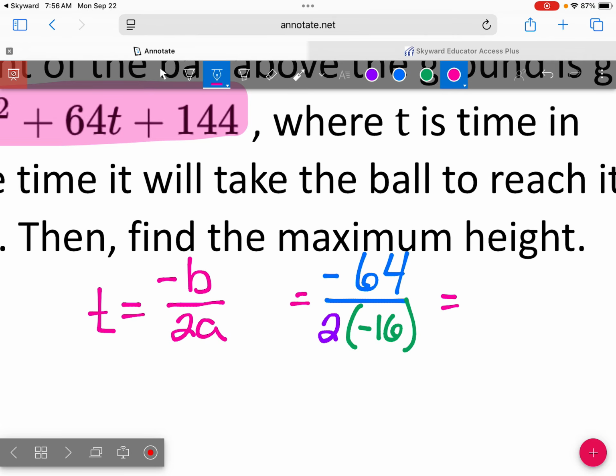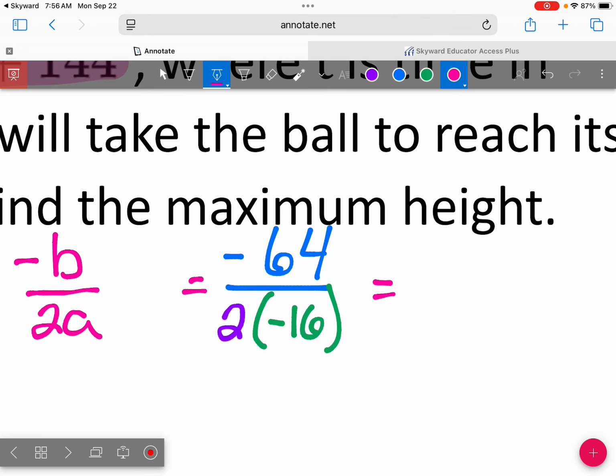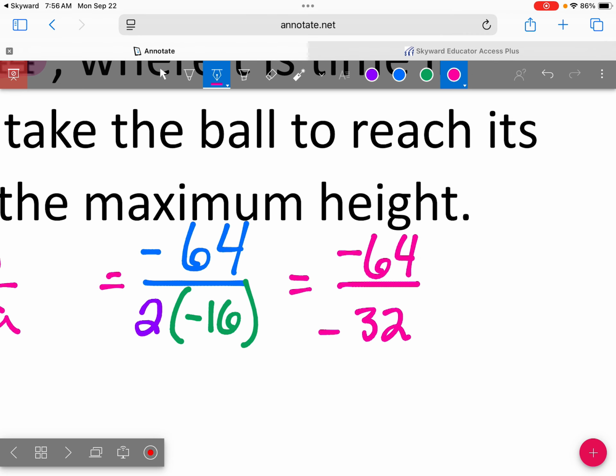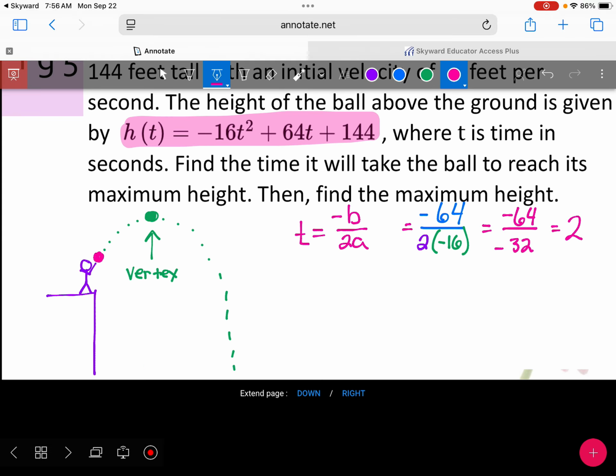What is negative 64 over 2 times negative 16? That's negative 64 over negative 32. Positive 2. Again, you could put this whole thing in the calculator, totally valid, or we can do it by hand. So we know our vertex is going to be at 2.